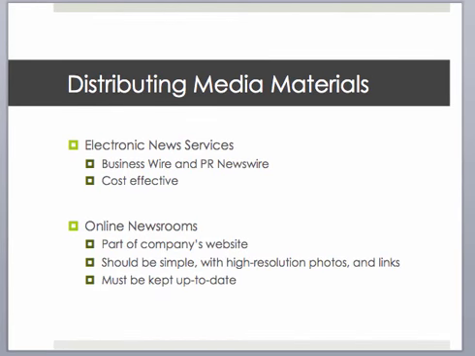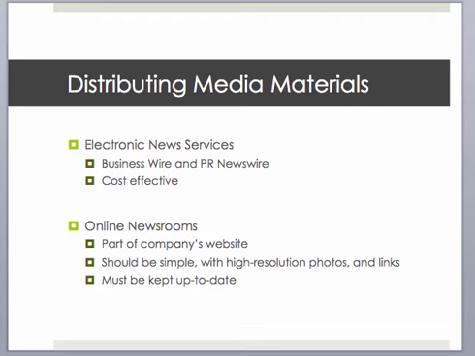News releases, photos, media kits, and other media materials are distributed through 5 methods: mail, fax, email, electronic wire services, and online newsrooms. The textbook focuses on 2 widely used methods today: the electronic news service and online newsrooms. We'll begin by looking at electronic news services.